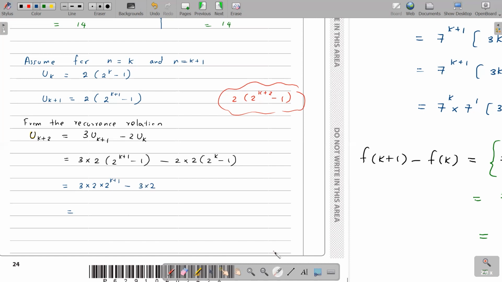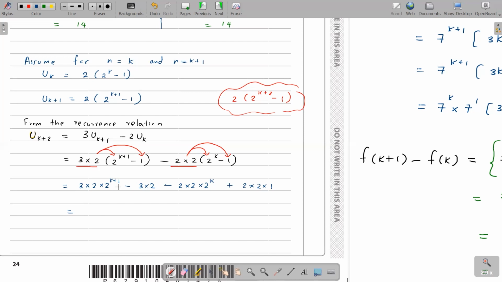Do you agree with me opening brackets in this manner? 3 times 2 with this and 3 times 2 with this. Here, 2 times 2, you open it 2 to the power k. And here, minus will be a plus, right? Plus 2 times 2, you multiply with 1.